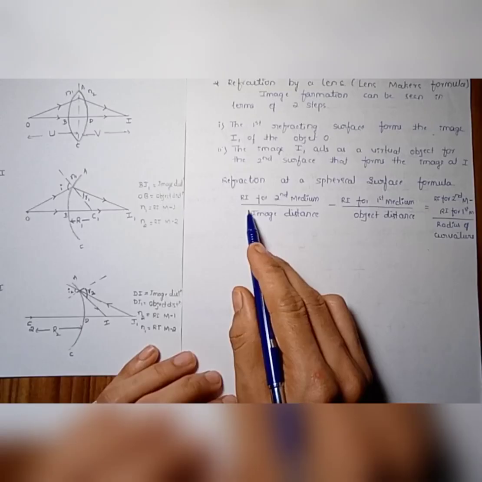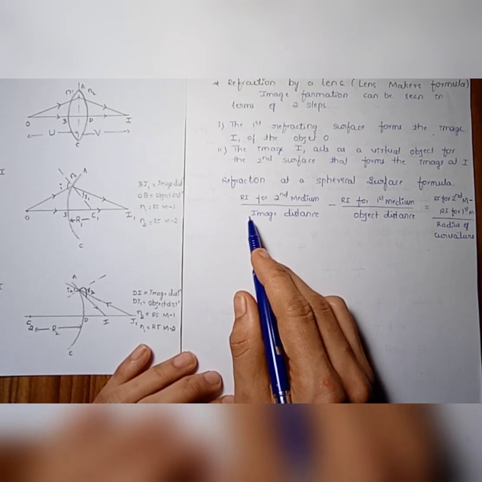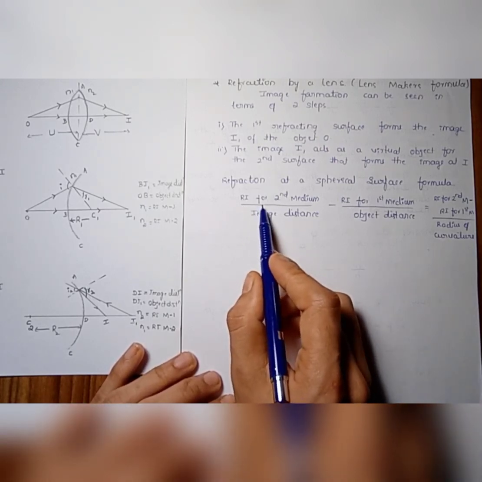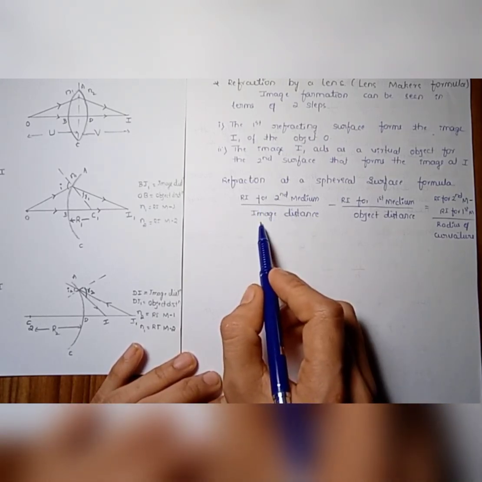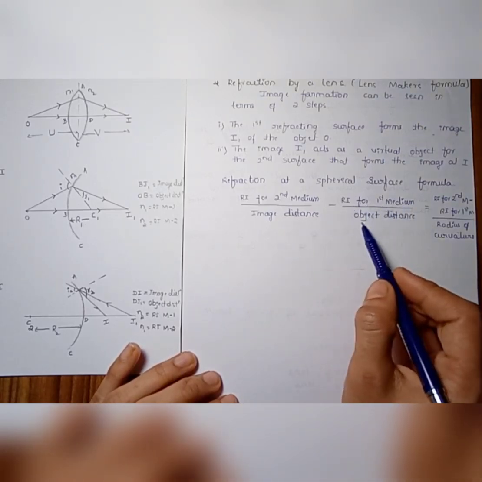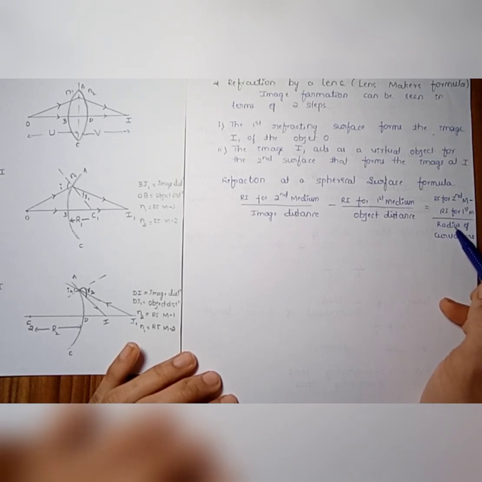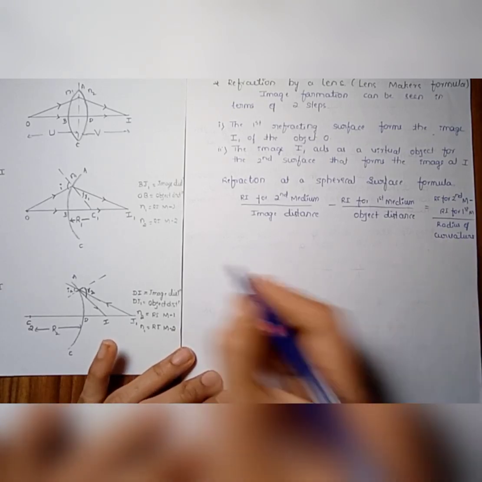Now apply N2 by V minus N1 by U is equal to N2 minus N1 divided by R. That is, the refractive index for the second medium divided by image distance, minus the refractive index for the first medium divided by object distance, is equal to the refractive index for the second medium minus the refractive index for the first medium divided by radius of curvature.